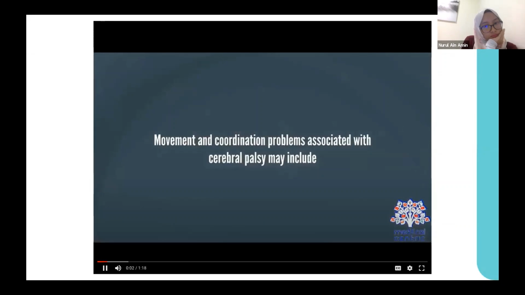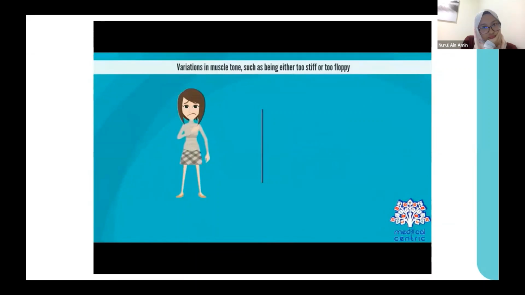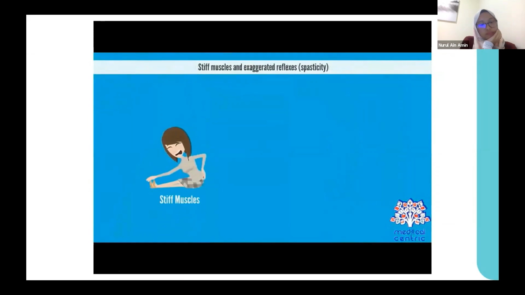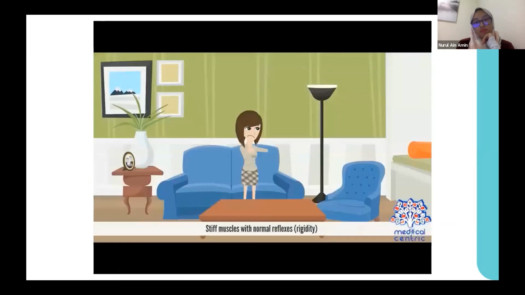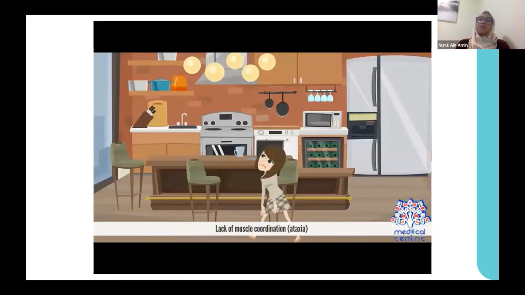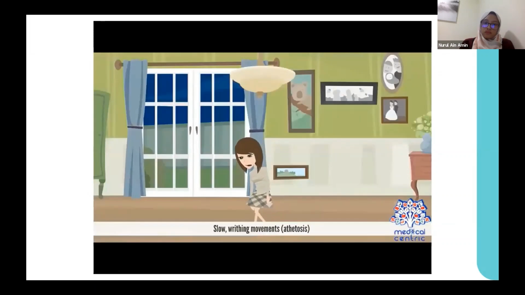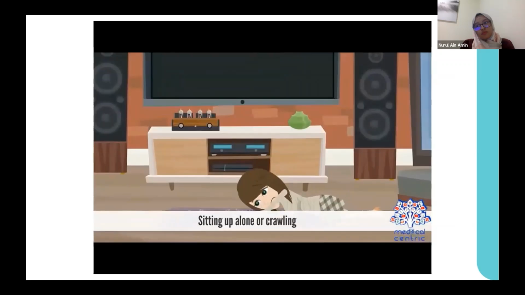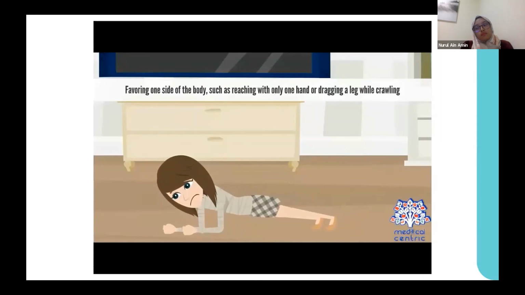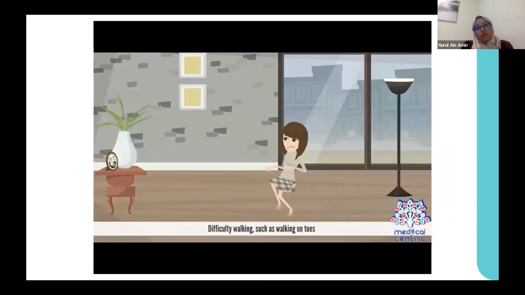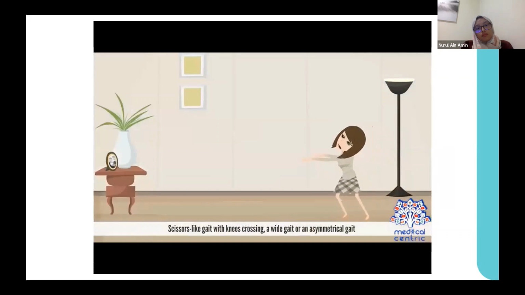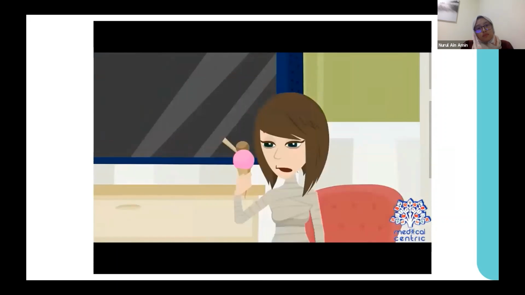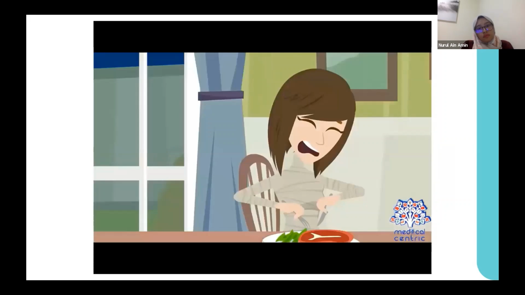Movement and coordination problems associated with cerebral palsy may include variations in muscle tone, such as being either too stiff or too floppy, stiff muscles and exaggerated reflexes, spasticity, stiff muscles with normal reflexes, rigidity, lack of muscle coordination, ataxia, tremors or involuntary movements, slow writhing movements, athetosis, delays in reaching motor skill milestones, such as pushing up on arms, sitting up alone, or crawling, favoring one side of the body, such as reaching with only one hand or dragging a leg while crawling, difficulty walking, such as walking on toes, a crouched gait, a scissors-like gait with knees crossing, a wide gait, or an asymmetrical gait, excessive drooling or problems with swallowing, difficulty with sucking or eating, delays in speech development or difficulty speaking, difficulty with precise motions, such as picking up a crayon or scissors or a spoon.